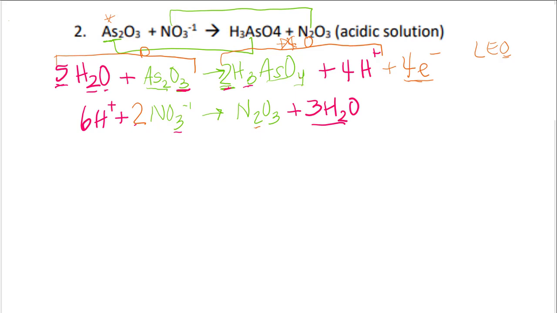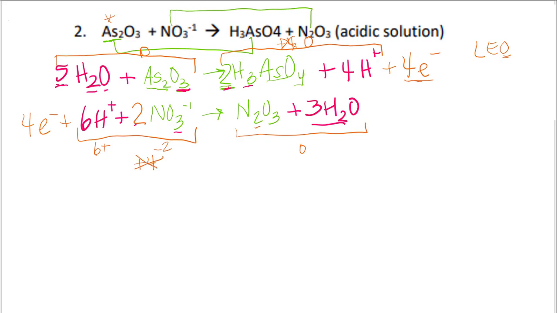Let's look at our net charge. On the left, I've got 6 pluses and 2 negative ones, so that's negative 2, so a total of plus 4. And on the right, I've got 0. So I got to get this plus 4 down to 0. I need to add 4 electrons.